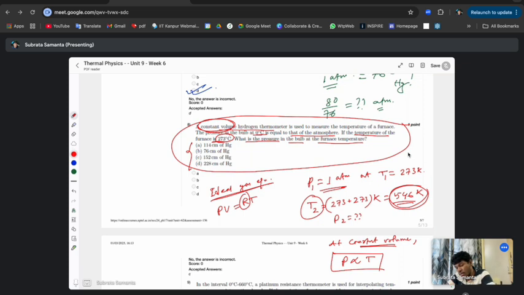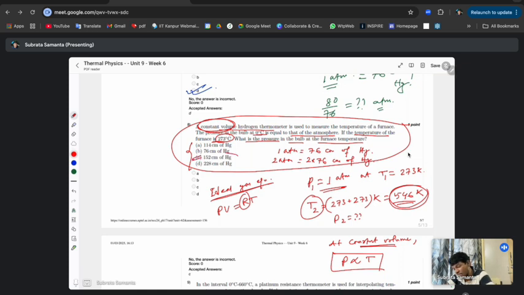So 1 atm equals 76 centimeter of mercury, and 2 atm equals 2 times 76 centimeter of mercury, right? So 2 times 76 means 152.